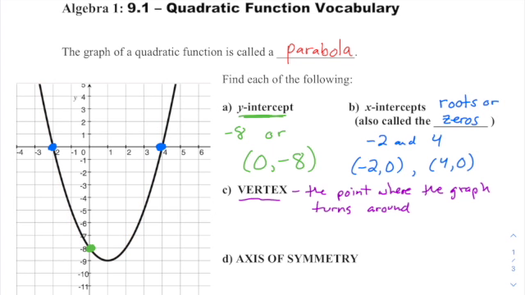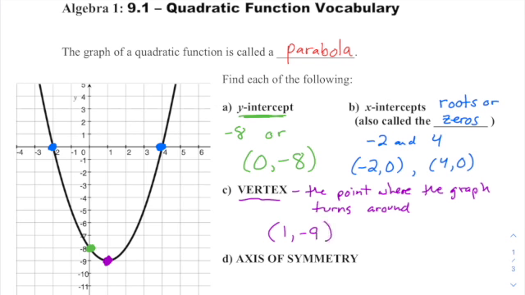That spot where it turned around is called the vertex. And so that would be right here. It's the lowest point of the graph, the minimum point of the graph. And so that point is at, just be careful, it lines up with +1 for the x value and -9 for the y value. So that would be at (1, -9).